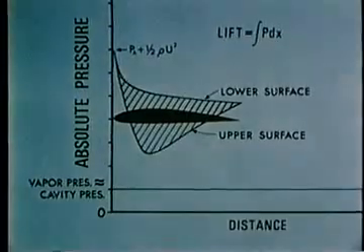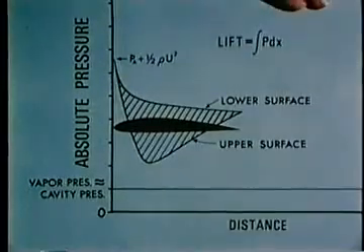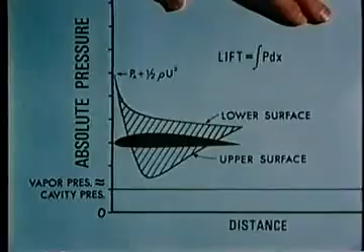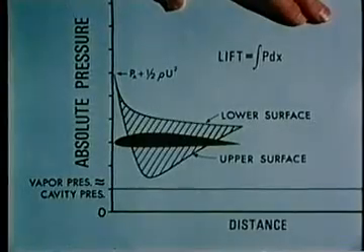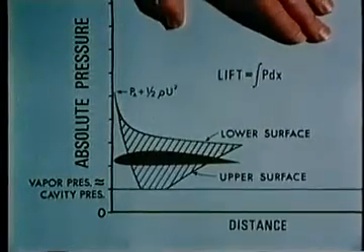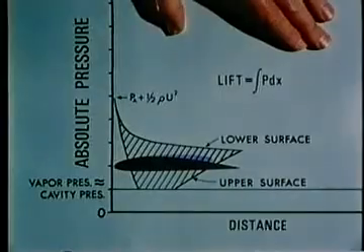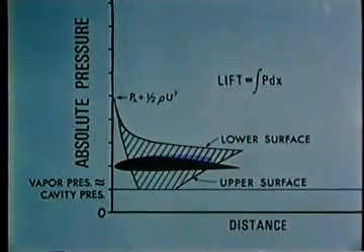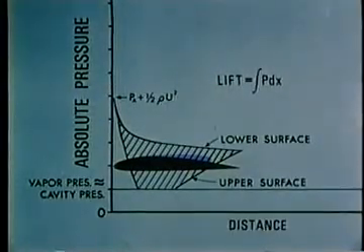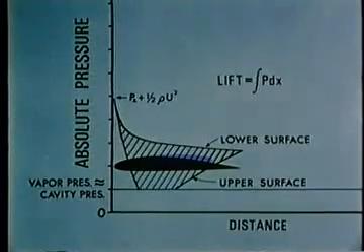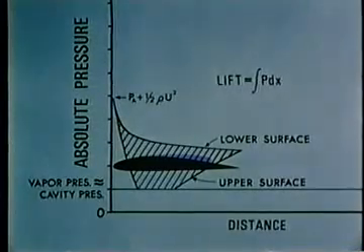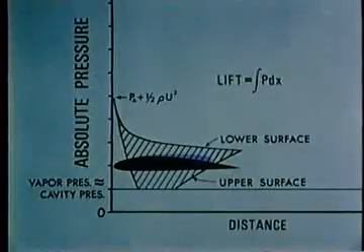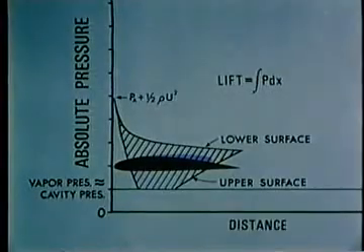As the ambient pressure decreases by a certain amount, the pressures on the upper and lower surface decrease by exactly the same amount, at least until the upper surface begins to cavitate. At this point, the upper surface pressure can no longer decrease below the cavity pressure, which is near the vapor pressure. Since the pressure on the lower surface does decrease, the lift drops.